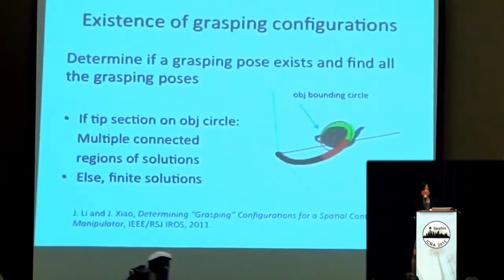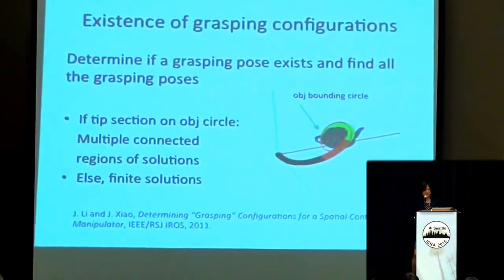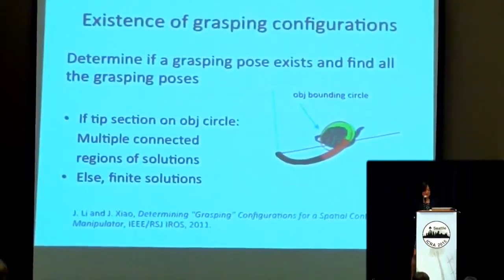What we found is if the tip section is on an object circle, such as this green one on some object bounding circle, then there are multiple connected regions of solutions. Each region, of course, has an infinite number of solutions, but if we add other kinematic constraints on reachability of the objects and so on, the solutions may be finite in some cases.